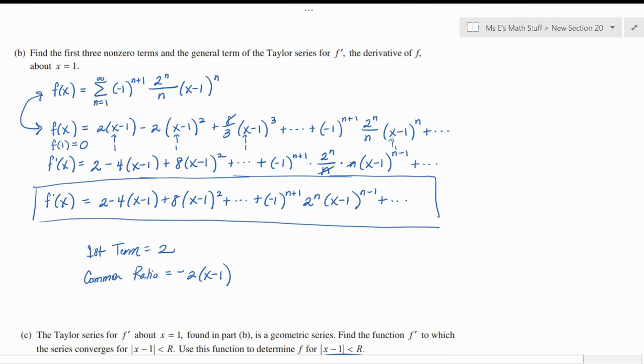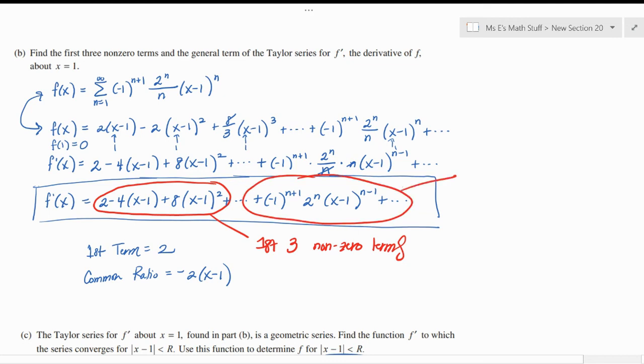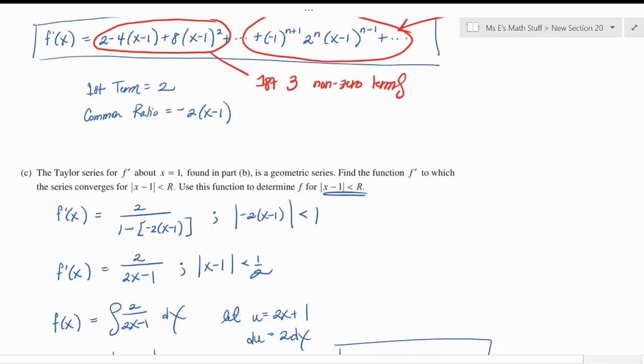Okay, now for part B. In part B, they're going to give you 1 point for getting the first 3 non-zero terms, and then 1 point for the general term. All right.